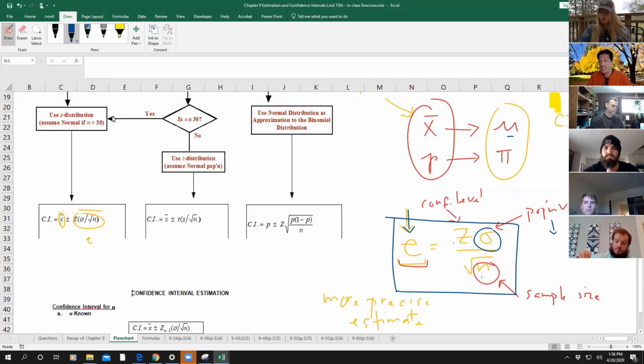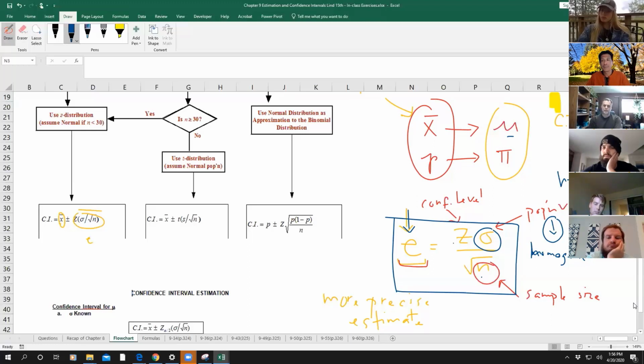What is the effect, in terms of the margin of error and the precision of your estimate, when you are selecting from a population that is fairly homogeneous versus a population that is heterogeneous, meaning very diverse? What is the effect on the margin of error?